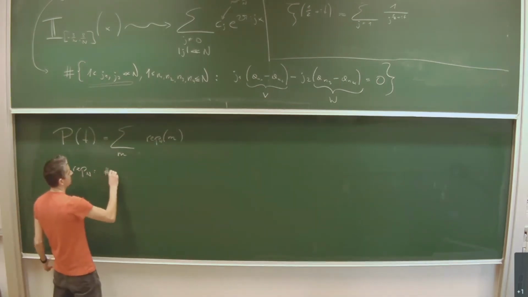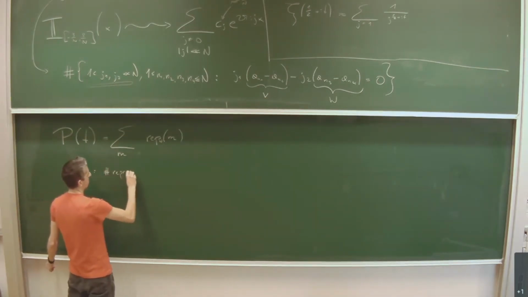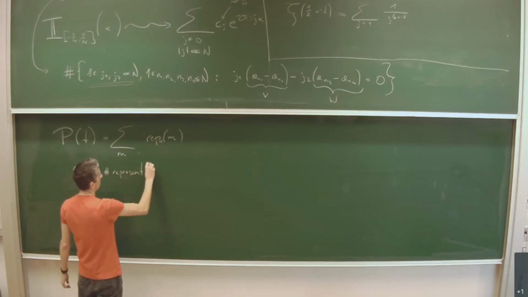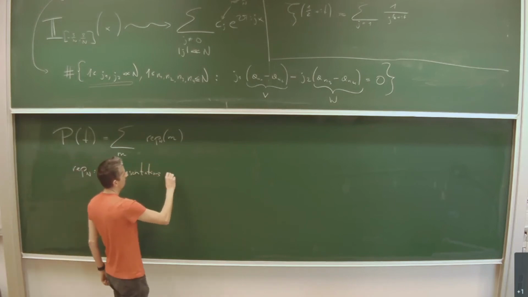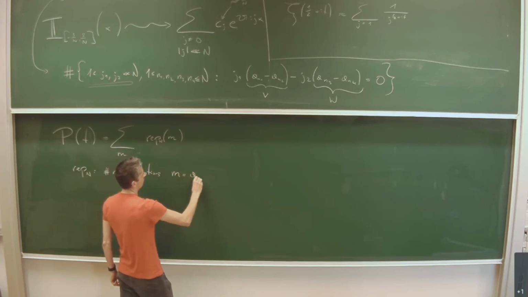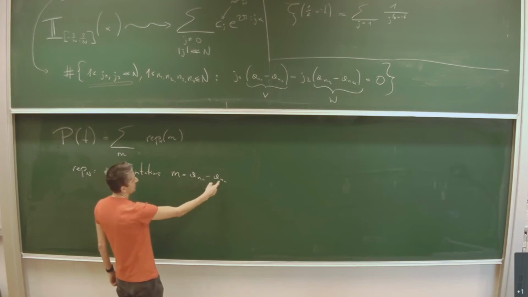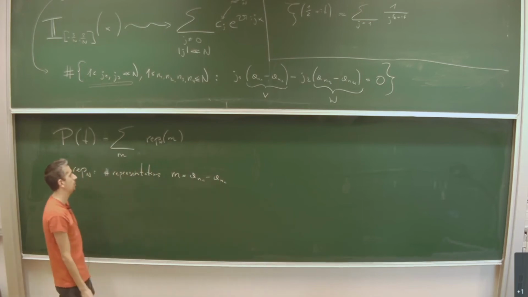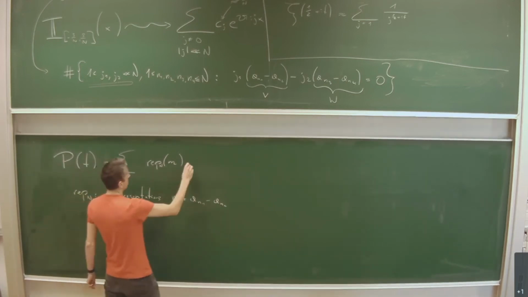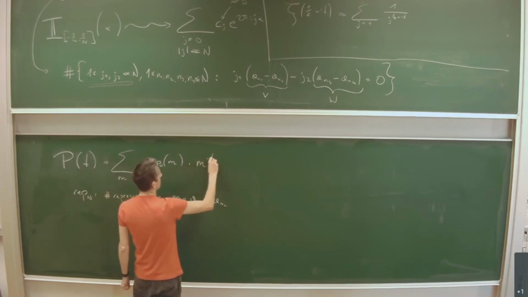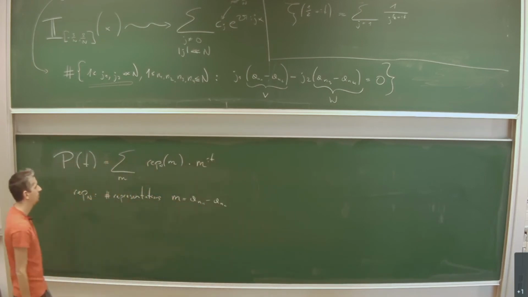the number of representations of m in the form an1 minus an2, where both indices go up to capital N at most, times m to the it.